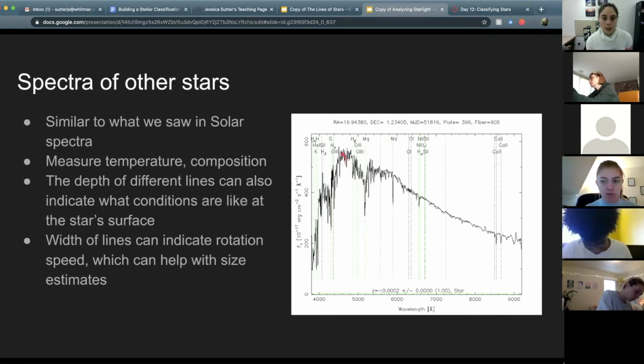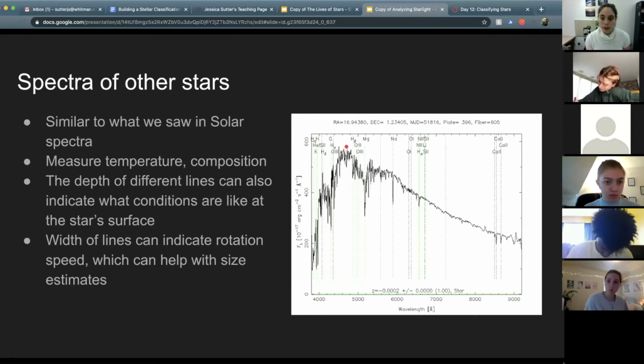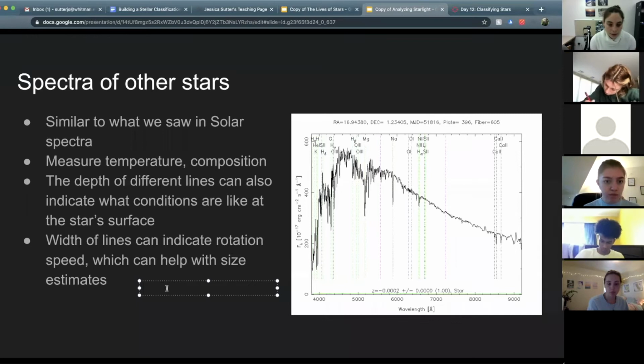Then, like I said, we can use the peak to get temperature. I wanted to go over this briefly because there's been a little bit of units confusion. We get a peak temperature by looking at a peak wavelength and using Wien's law. For this star, the peak wavelength seems to be around 4,700 angstroms.